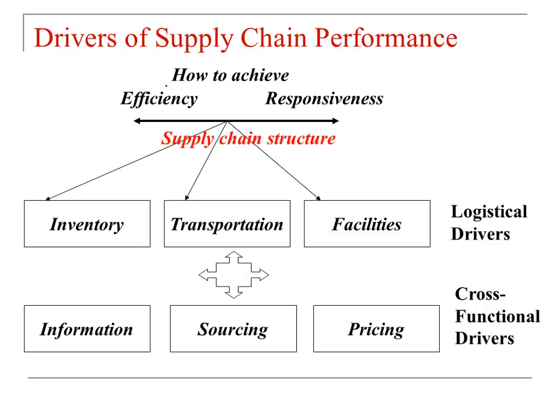So our supply chain structure will have inventory, transportation, facilities, which is the logistical driver, and this is the area that we want to address in this course. And then they have some cross-functional drivers that include information sourcing and pricing. So in order to achieve high efficiencies and responsiveness, we need to be able to manage and plan our inventory, transportation, and facilities, and also make good use of information sourcing and the pricing strategies.